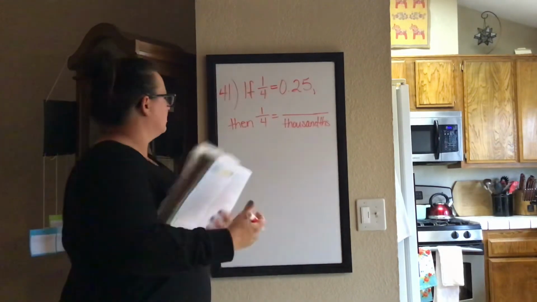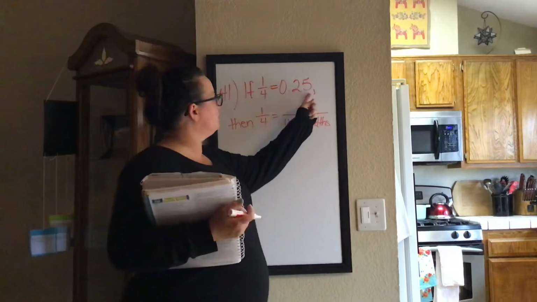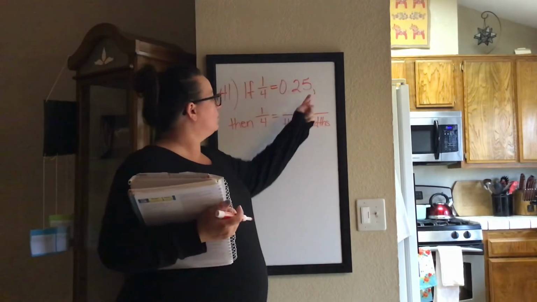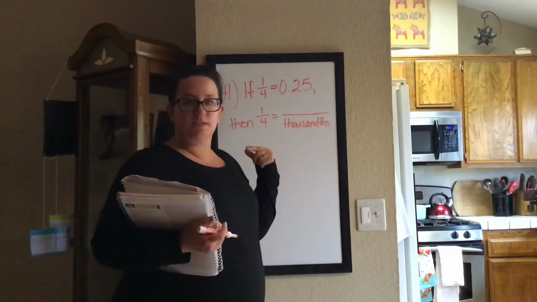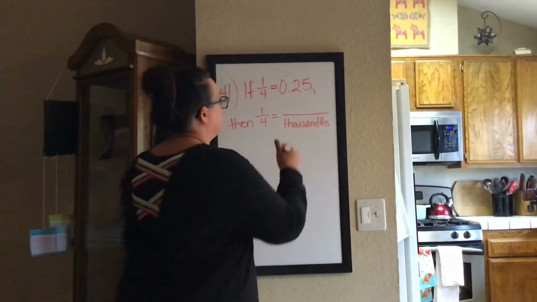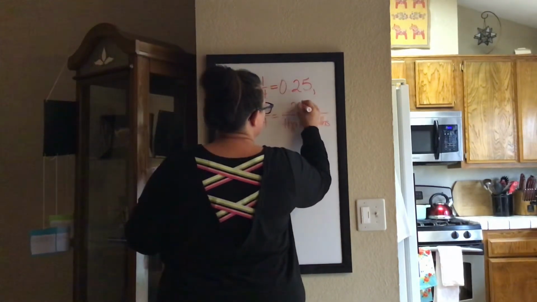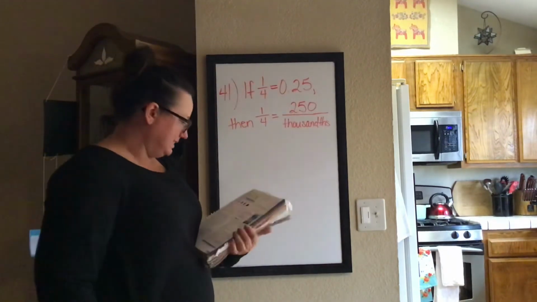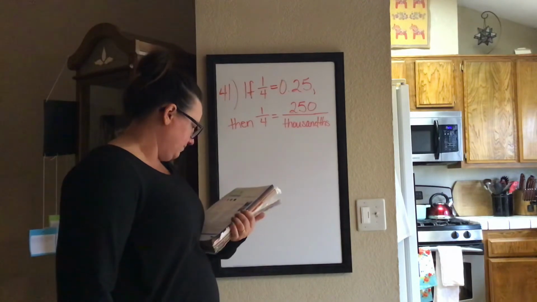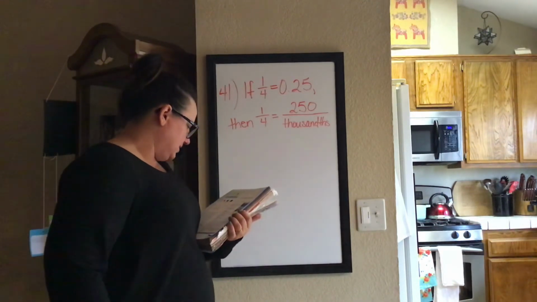Well, look, this is 25 hundredths. What do I need to do to this to make it thousands? It's the same thing as before, you just add a 0 to the end. So now it's 250 thousandths. Ding, ding. Very good. All right, guys.